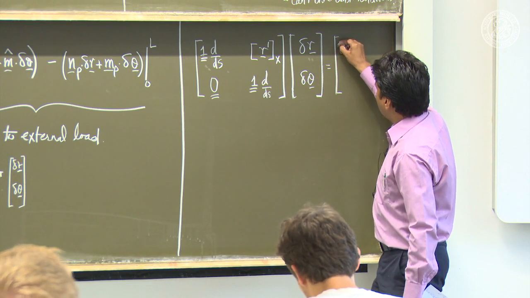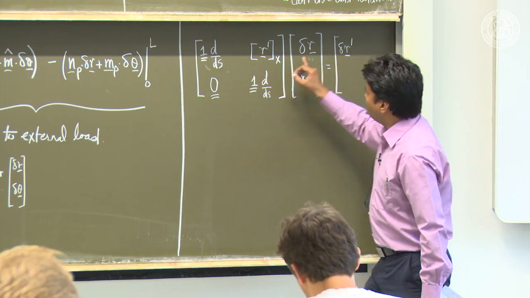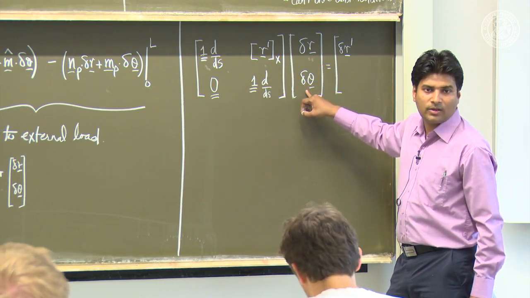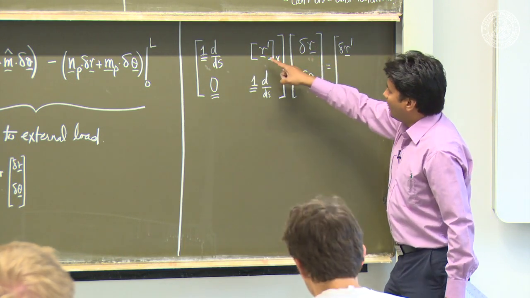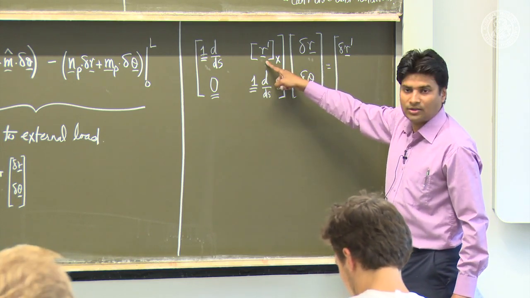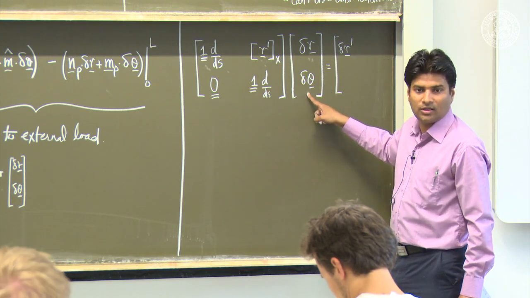So, this gives us del r prime, this times this, then this times this. That is how we multiply, right? Matrix times vector, this into this. And now, this times this, because it is a skew symmetric tensor, it simply becomes little r prime cross del theta.